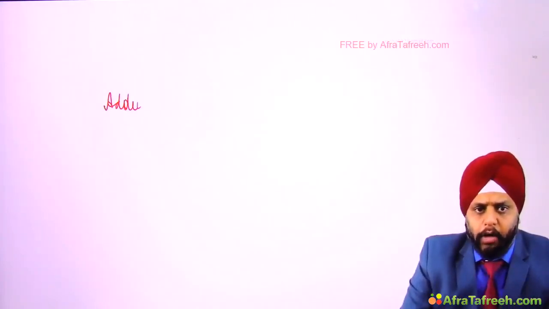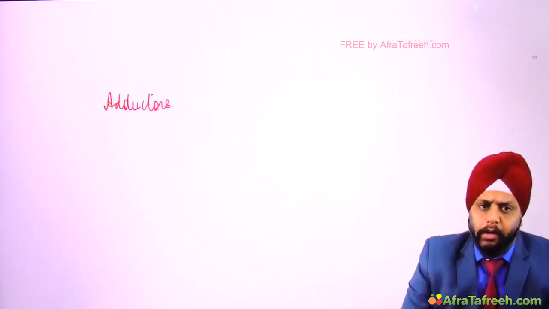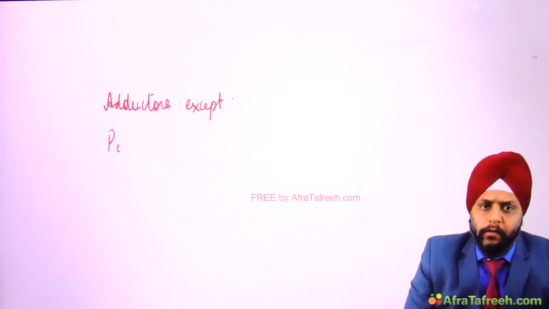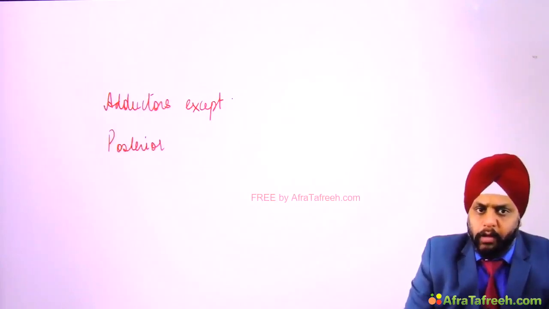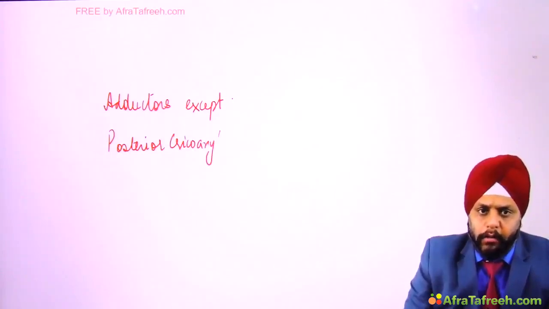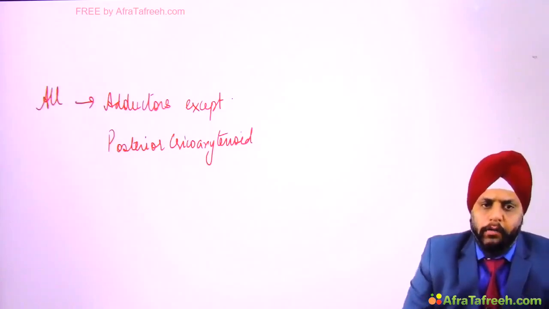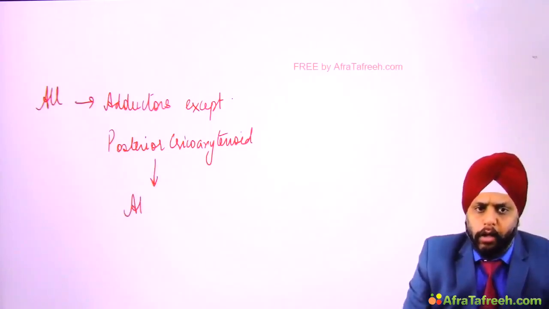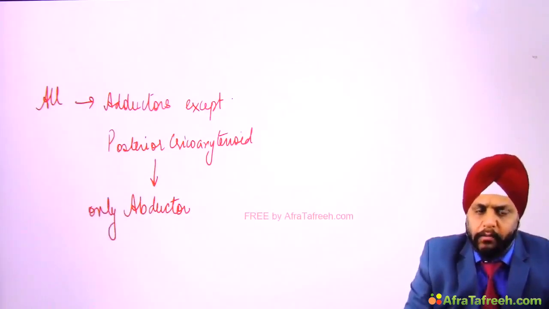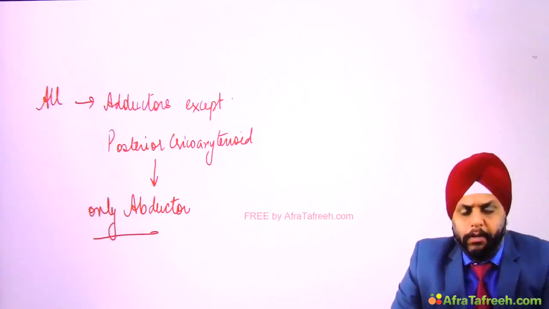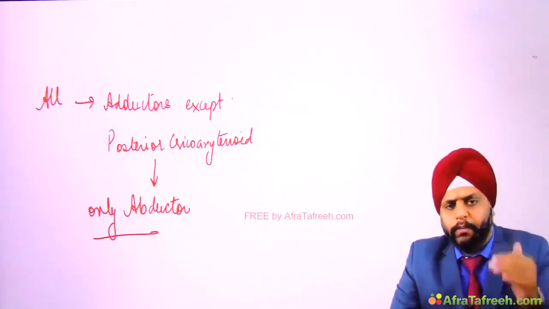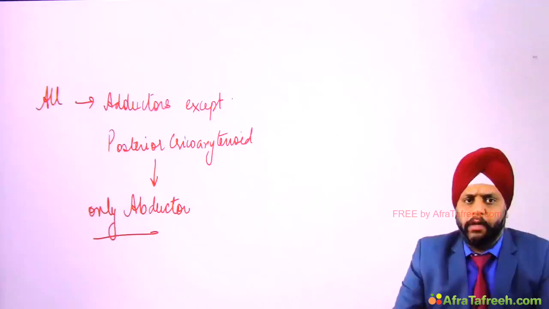So all muscles of the larynx are adductors except one muscle, that is our posterior cricoarytenoid. This is the only abductor of the larynx. So this is the rule. Remember this rule. And now we start with the discussion.